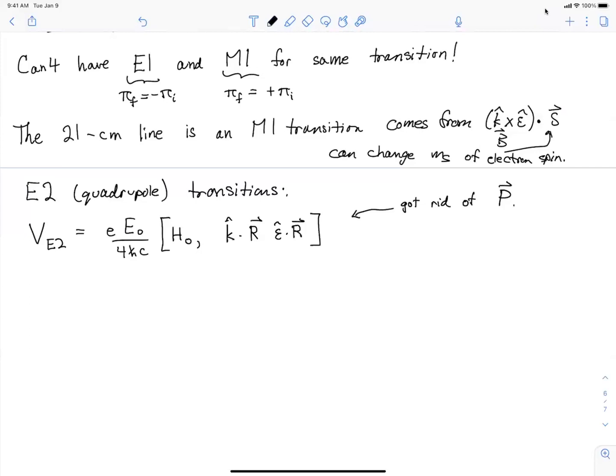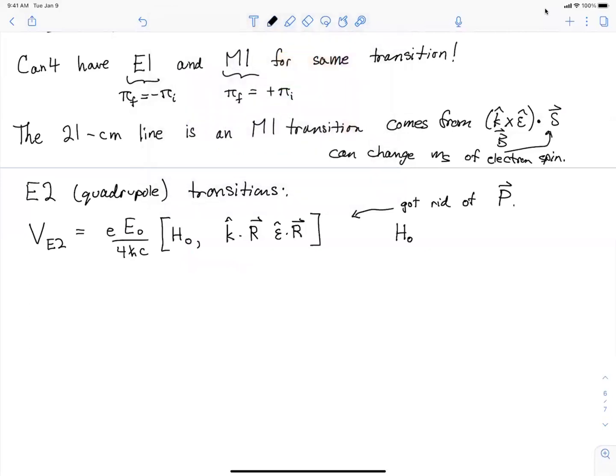But even better is that now if we wrote it in terms of H0, when we put this in a matrix element, either this H0 can act on the left on the final state, or when it's the other term in the commutator, it can act to the right on the initial state. And you see those contribute with a minus sign.